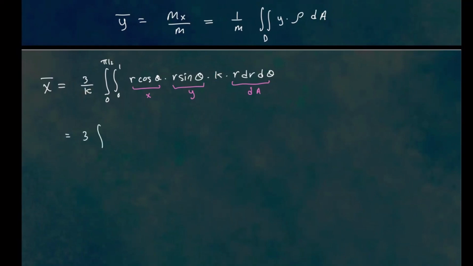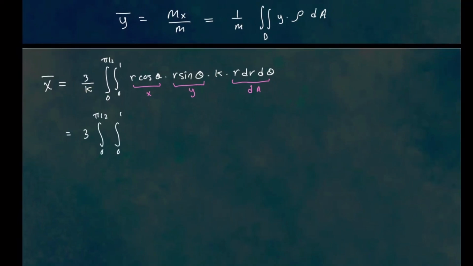We have 3 times the integral from 0 to pi over 2, the integral from 0 to 1, and all the r's, you can multiply them. This will give you r cubed. We have r cubed times cosine theta, sine theta, dr d theta. Again, you can simplify this integral by separating it into 2 separate integrals, but I'm going to proceed as it is.